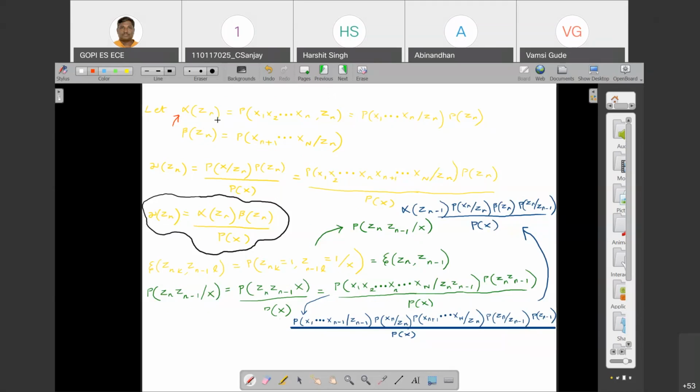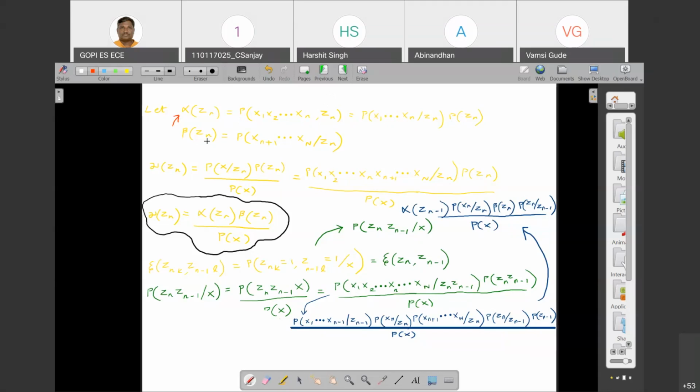Alpha of Zn means the probability of x1, x2, x3, and so on up to xn, comma Zn. It is a joint probability, which we can write as the probability of x1 and so on up to xn given Zn, into the probability of Zn. Why am I doing that? There is a reason for it.